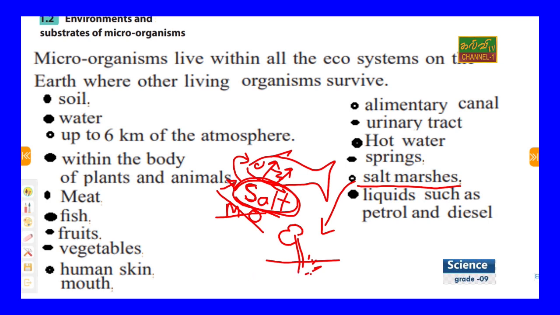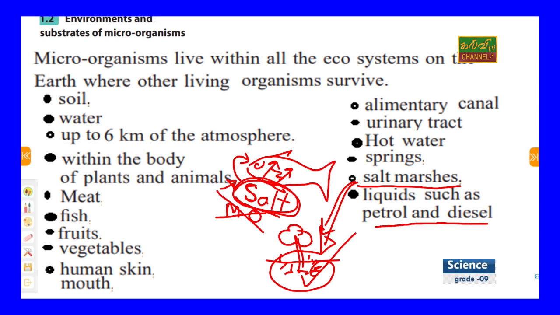But here they said they found some bacteria in the salt marshy land. That is different, right? That land is already a balanced environment, and some kind of bacteria or microorganism has been added to this environment, therefore it can survive. But it can't survive in dry fish, mostly, right? Liquids such as petrol and diesel.